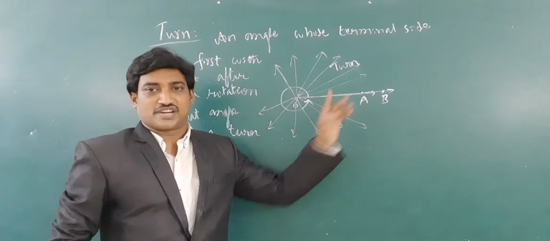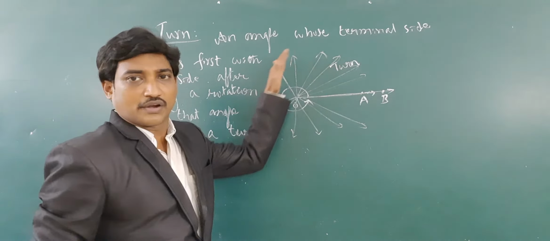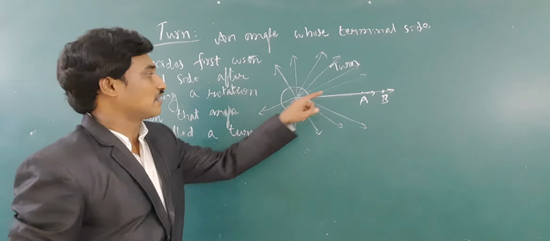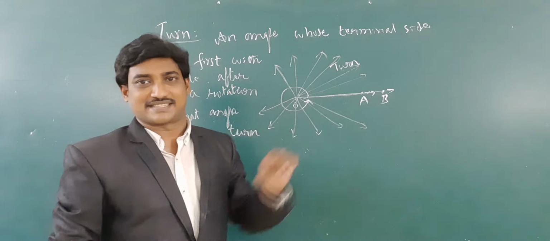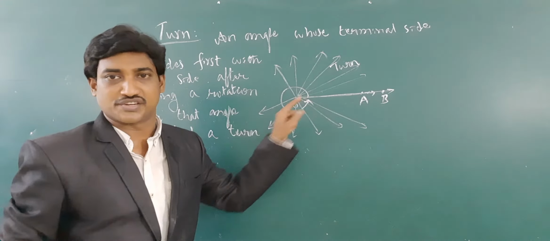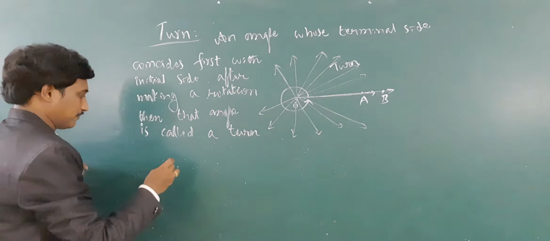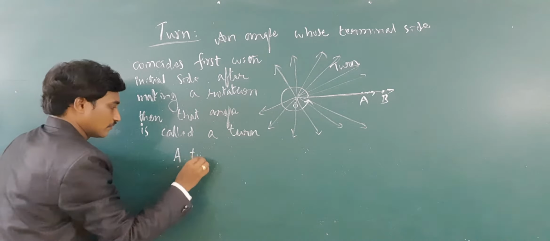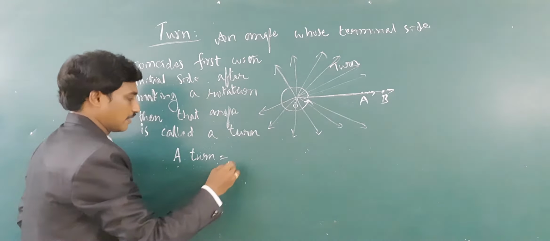OA is the initial side. After making a rotation, if the terminal side first coincides with the initial side, then the angle made in this rotation is a turn. A turn is a complete rotation.